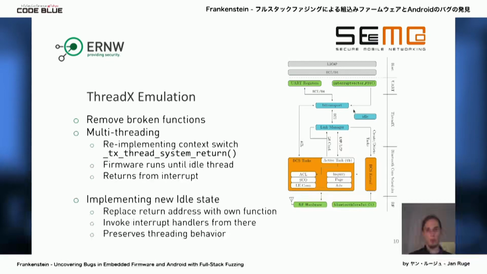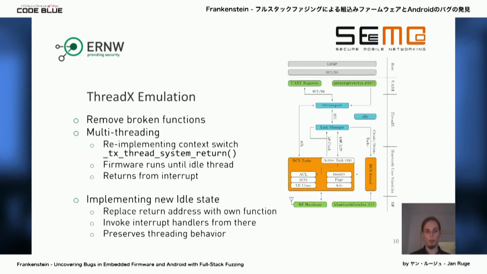And those do not work on a Linux operating system, so we just have to override them with a plain return, so the execution continues. And for the multi-threading part of ThreadX, we had to re-implement one function called tx thread system return, which performs a context switch between two threads. This is normally invoked as a software interrupt, like a supervisor call. And as this concept doesn't exist on the Linux operating system, we had to re-implement this function, which was about 50 lines of assembly code.